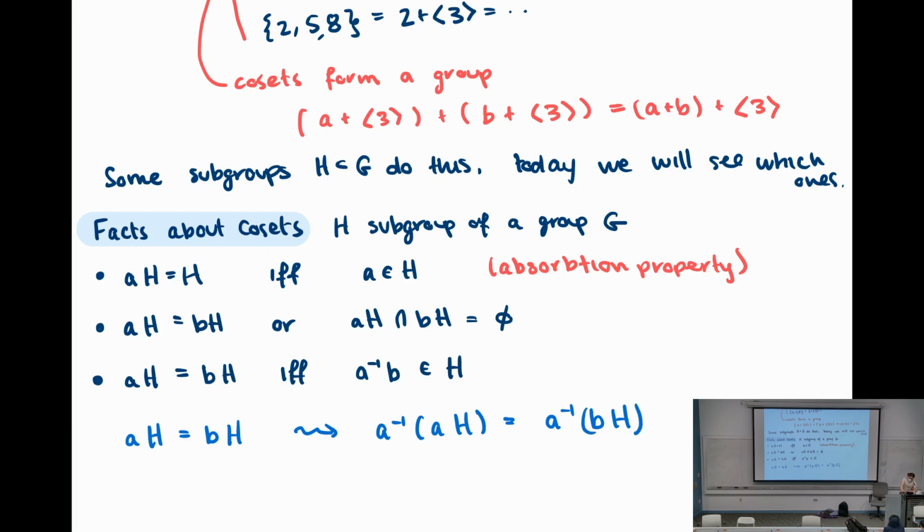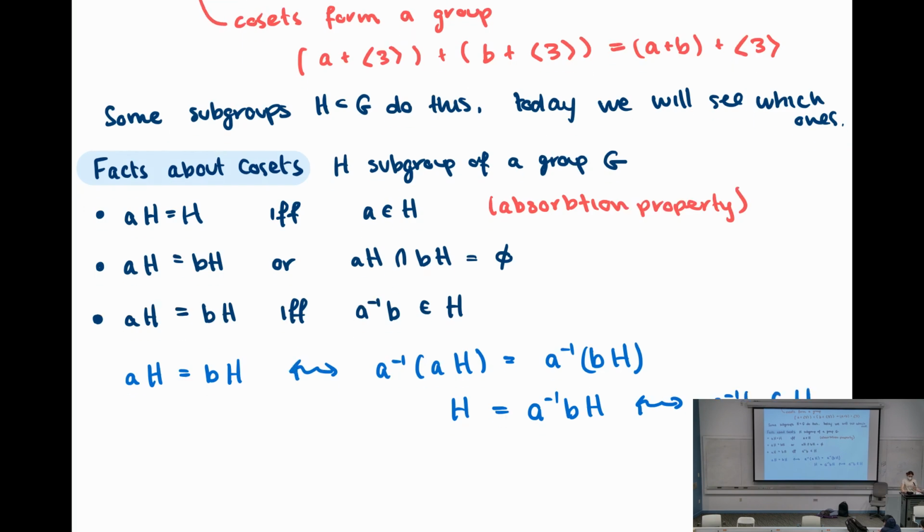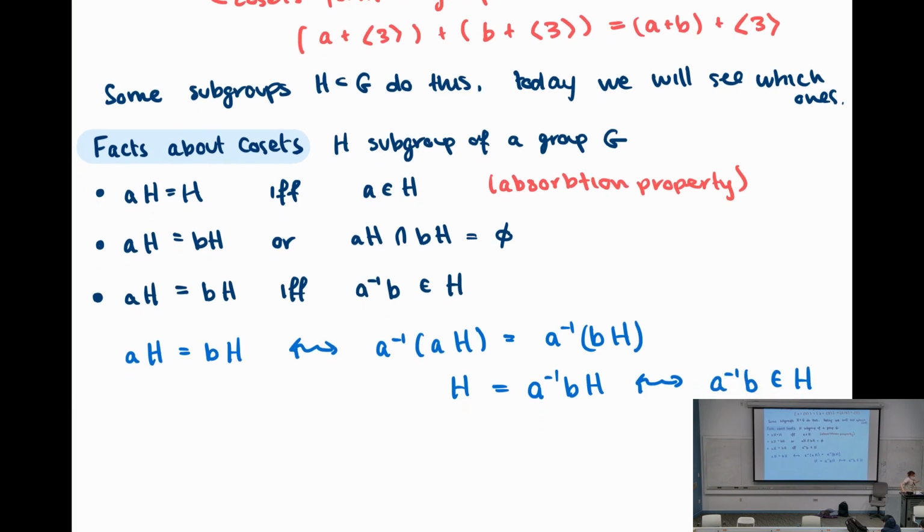And this means that H is equal to A inverse BH. And by the first property, this is true if and only if A inverse B is in H. So we sort of went in one direction, but you can see that this works both ways. Okay, are there questions about that?